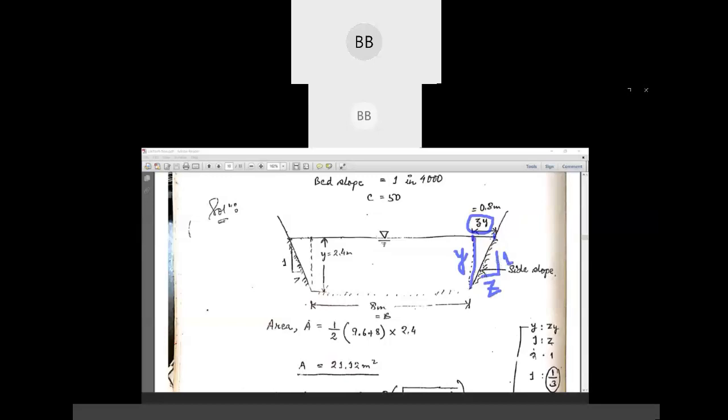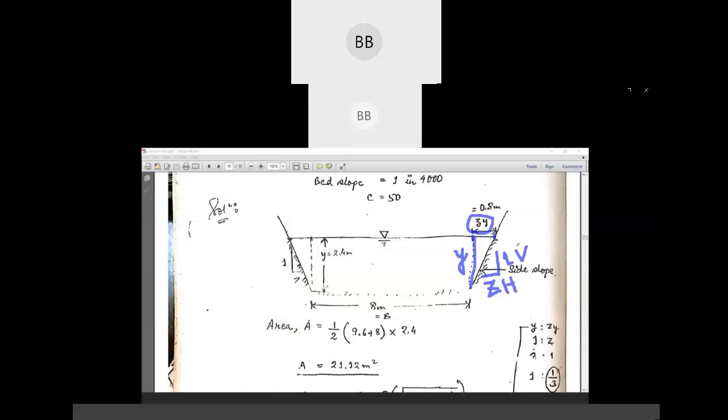And the slope, suppose you don't have any slope, it's not known, so we consider 1 is to z as a side slope. So if you see, this 1 is nothing but your vertical, and this z is nothing but your horizontal.